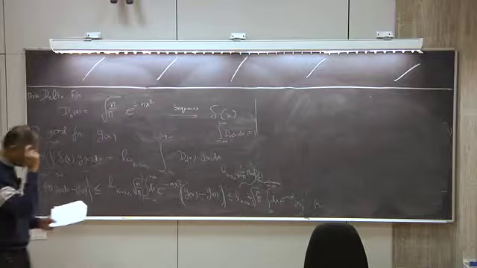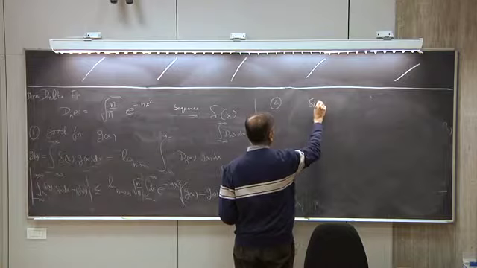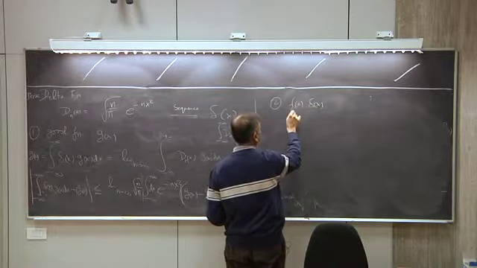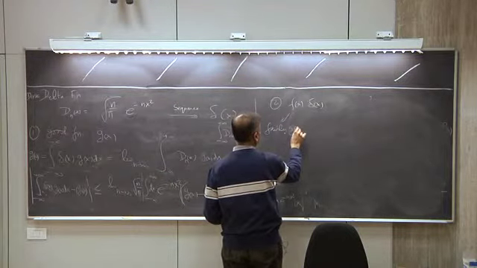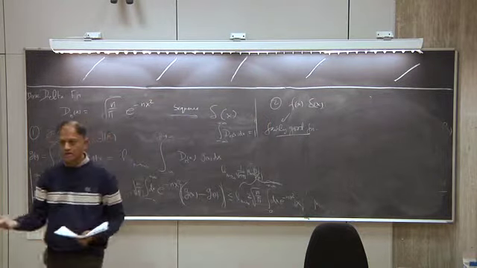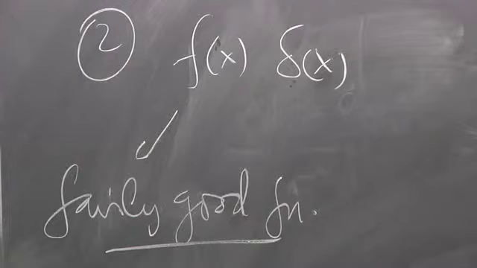The second property is that if you take delta x and multiply it by any fairly good function, f of x, a fairly good function. Remember, this was true for an arbitrary generalized function, that you can multiply a fairly good function to a generalized function, and again it gives you a generalized function.